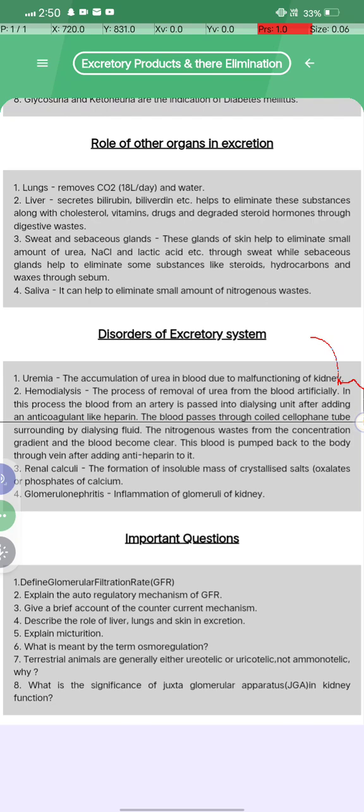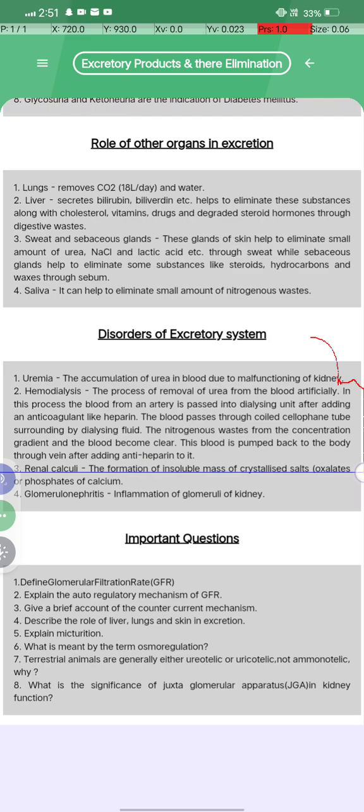The blood passes through a cellophane tube surrounded by dialysing fluid, and nitrogenous waste is removed by the concentration gradient, and the blood becomes clean. The blood is pumped back to the body through a vein after adding anti-heparin.